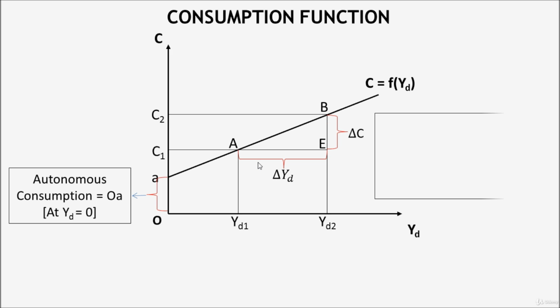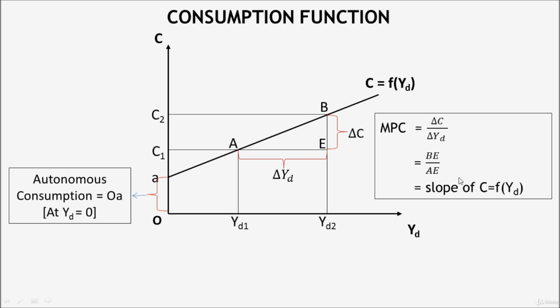Therefore, MPC equals change in consumption expenditure divided by change in disposable income, or BE divided by AE. If we move from A to B, BE measures the vertical distance of the movement and AE measures the horizontal distance of the movement. And we know when the vertical distance is divided by the horizontal distance, it ultimately measures the slope of the curve. Thus, MPC is the slope of the consumption function.